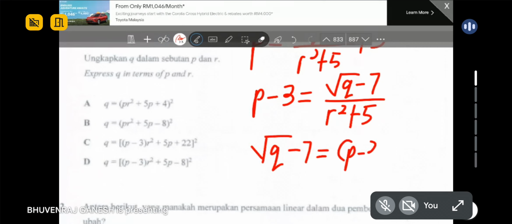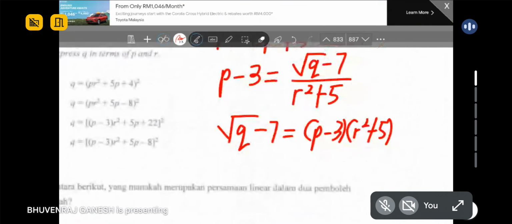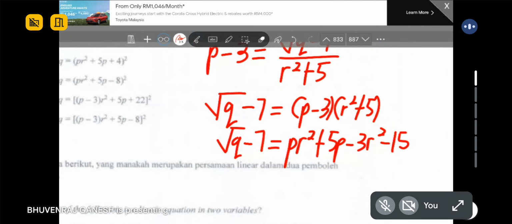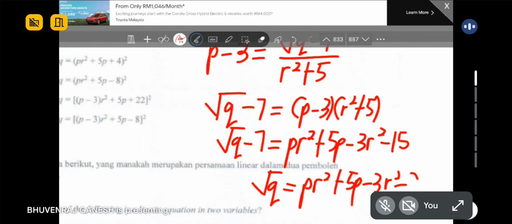So P minus 3 times R square plus 5. So jawapan dia third Q minus 7 equal to PR square plus 5P minus 3R square minus 15. Okay, and then third Q equal to PR square plus 5P minus 3R square minus 8.